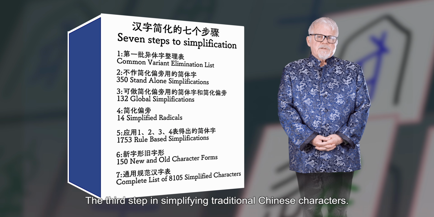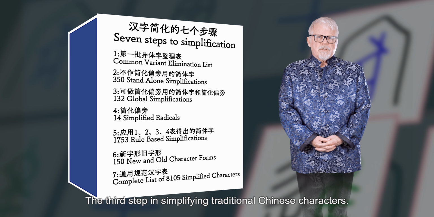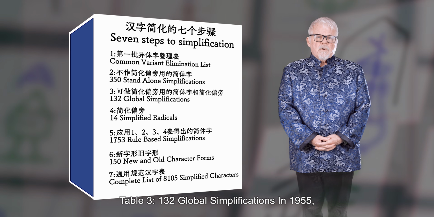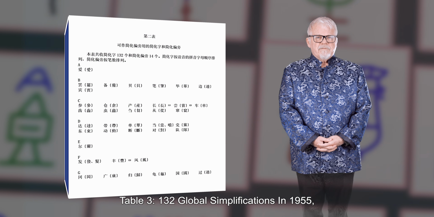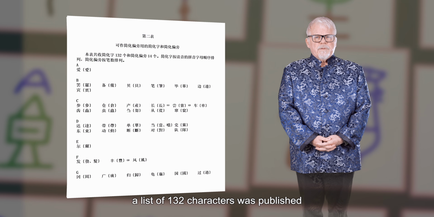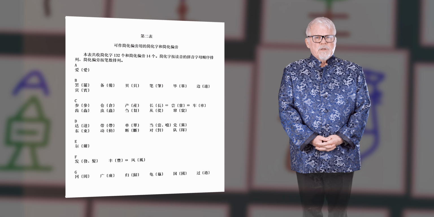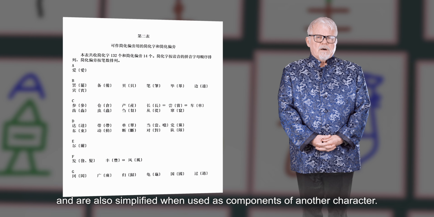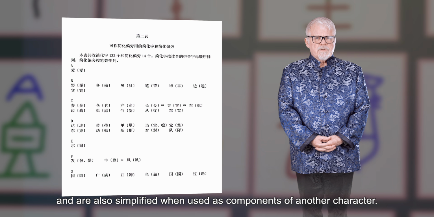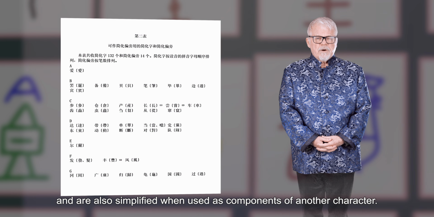The third step in simplifying traditional Chinese characters, Table 3, 132 Global Simplifications. In 1955, a list of 132 characters was published which are simplified in their standalone form and are also simplified when used as components of another character.